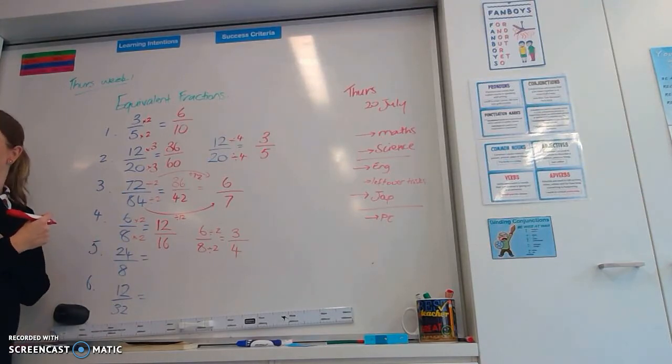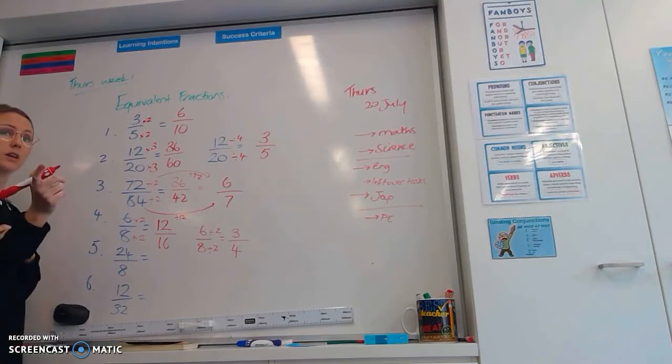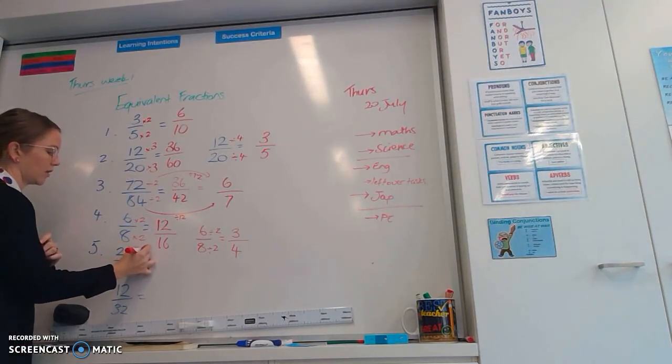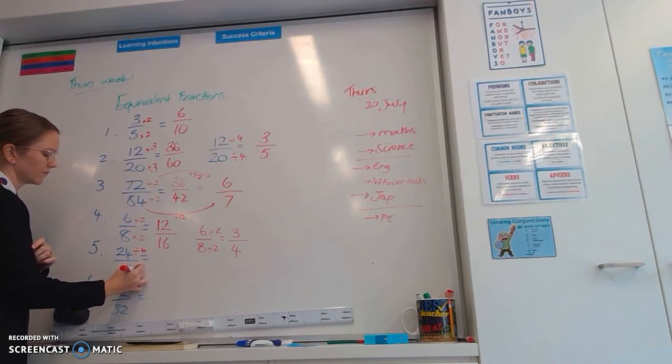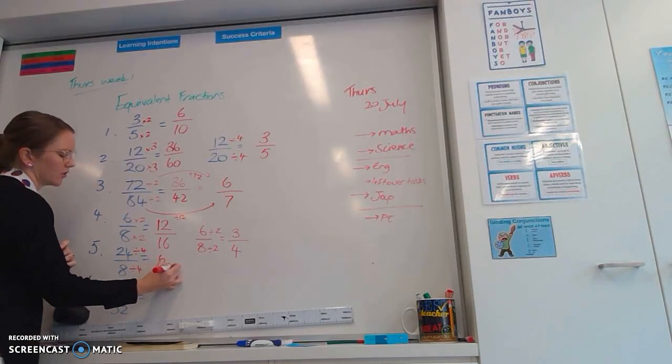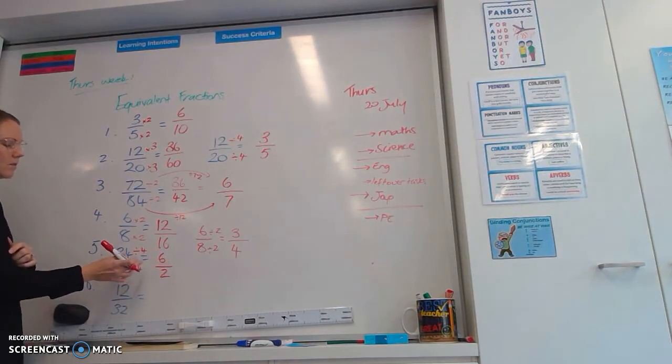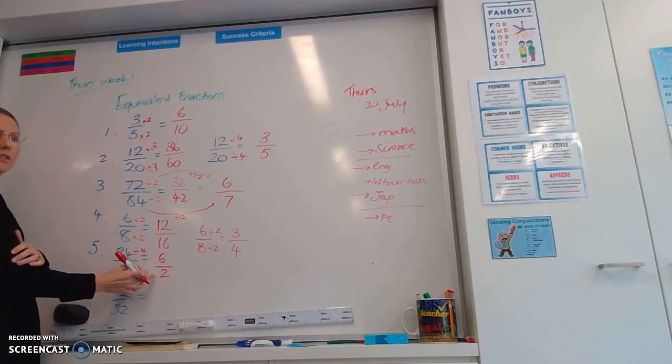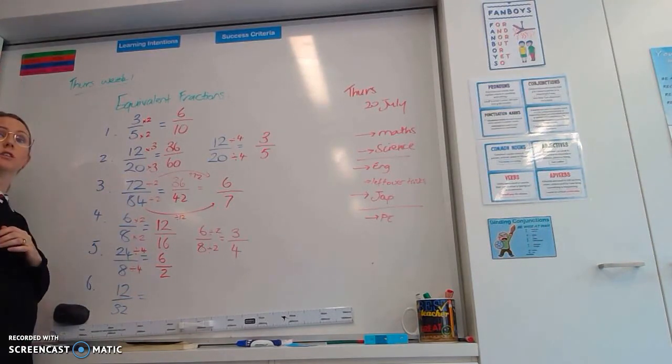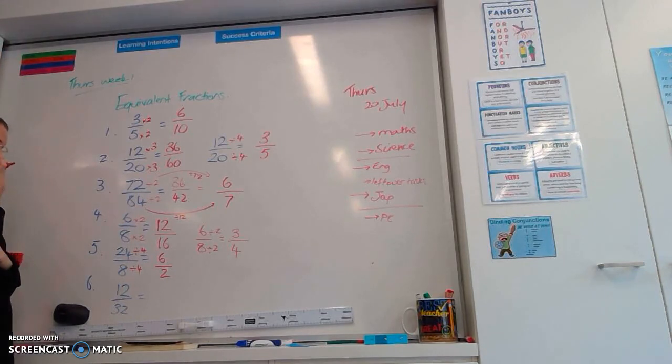Raph, what did you say? I divided it by 4, and I got 6 over 2. Can you then break these down further? What number goes into 2 and 6? Janice? Well, divide it by 2 to get to lower, which would be 3.